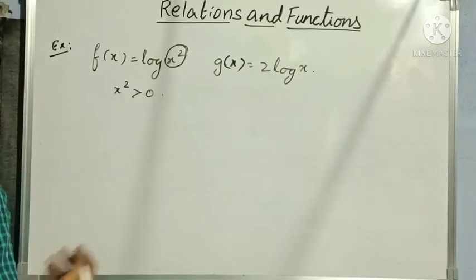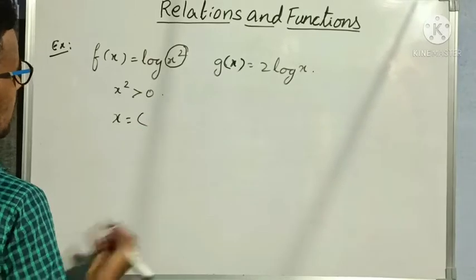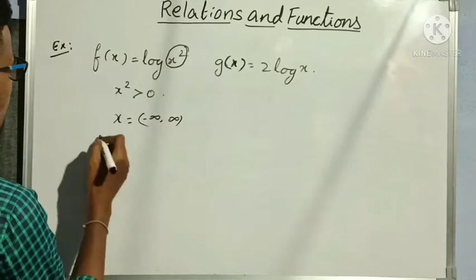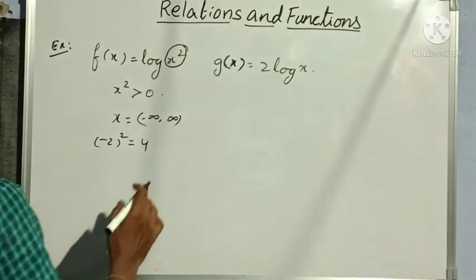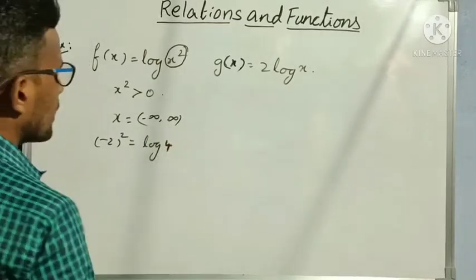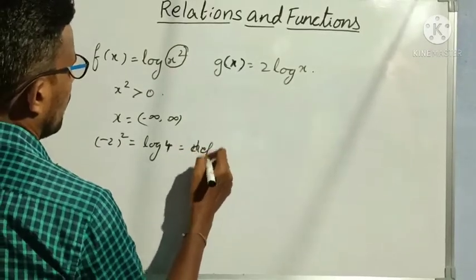Okay. So what is the value of x? So I can take either negative values or positive values. Why? Because x square, see here minus 2 I am taking, minus 2 whole square is 4. Yes. So log of minus 2 whole square is log 4. Log 4 is positive value but not negative value. Right? So this is defined. Yes.